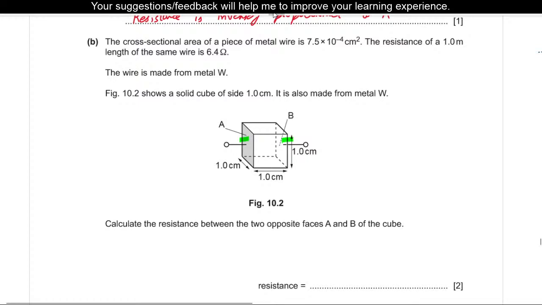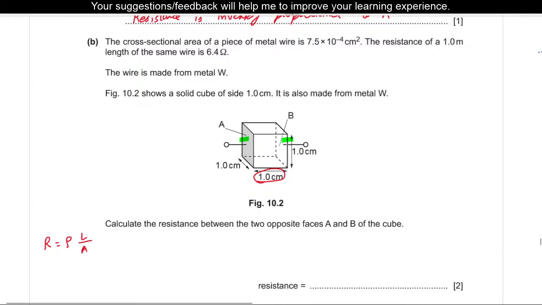Now how will we find it? From the same formula, R is equal to rho L over A. Now to find the resistance between these two faces, we need length. Length here will be 1 centimeter.